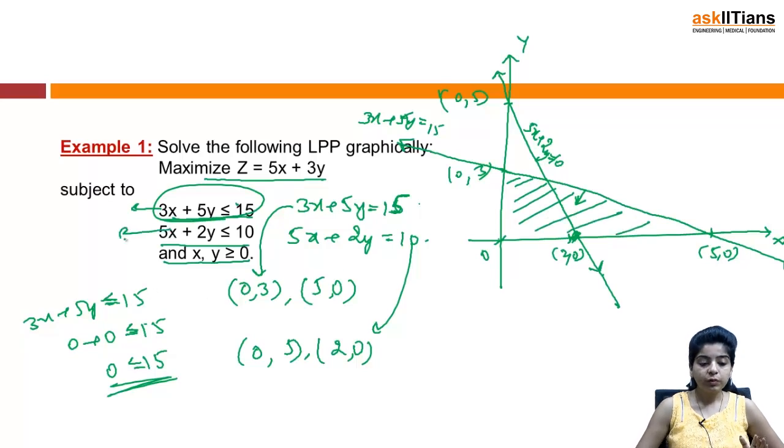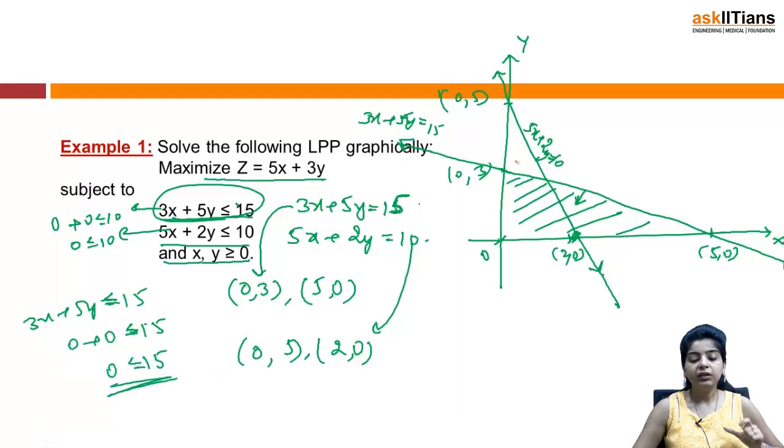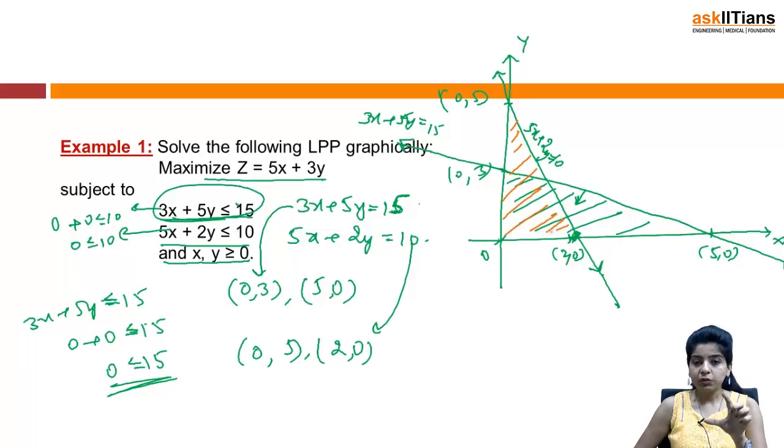For the other equation, again I put x and y as 0, so 0 plus 0 is less than or equal to 10, that is 0 is less than or equal to 10, again a valid statement, and therefore the region would again be the area containing the origin. Why am I considering only the first quadrant? Because we are given that x and y are greater than or equal to 0.